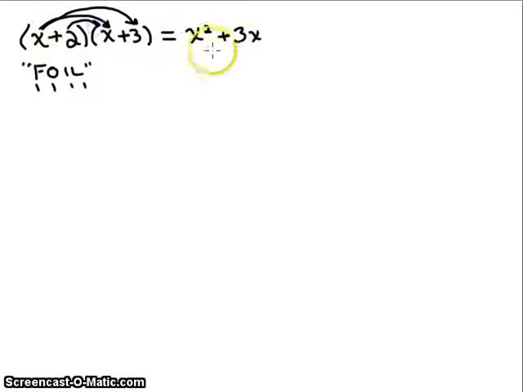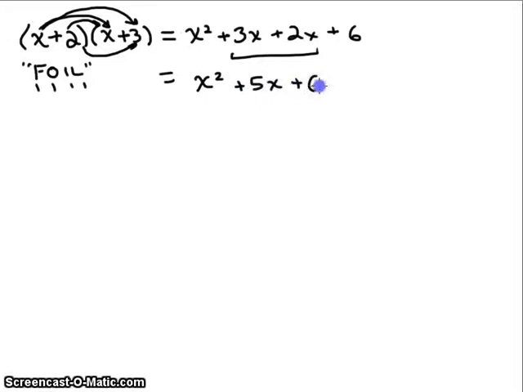My inside terms, 2x. And my last terms, 6. These are like terms. In other words, I can add them together, combine them, and I get my result like this. So just to clean this up, I'll put this back over here, x plus 2, x plus 3.